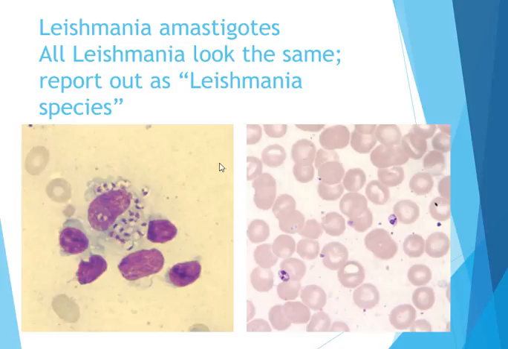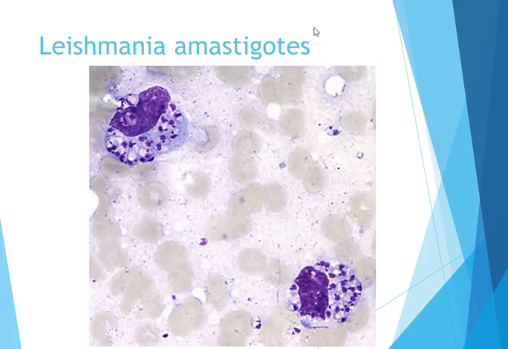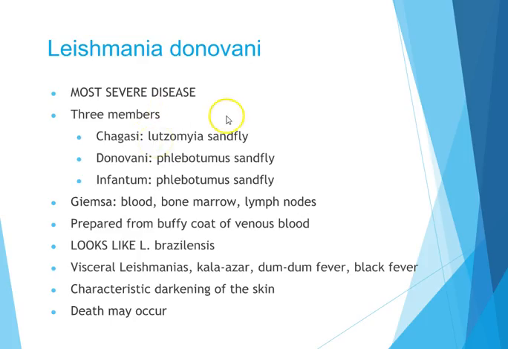The physician should be able to tell what organism or what species the patient has by their signs and symptoms, where they're infected at, and what country they've been to. This is another picture of probably a skin biopsy, and these are the organisms inside the white cell.